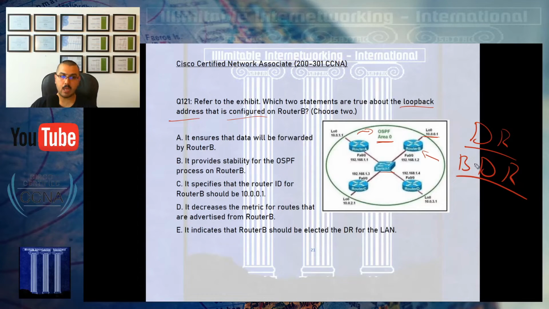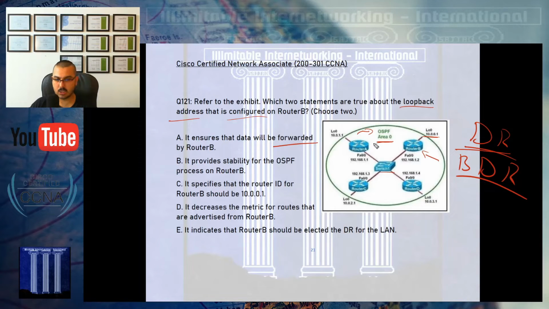The designated router will be the guy carrying the highest ID, and the highest ID is the highest IP address configured inside a router, or you can just configure OSPF router ID 1.1.1.1 and that's it. So anyway, the DR will be the one responsible for forwarding.